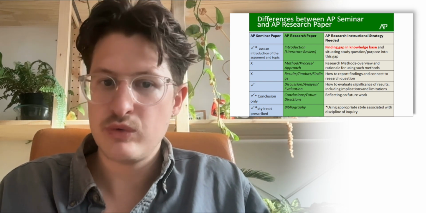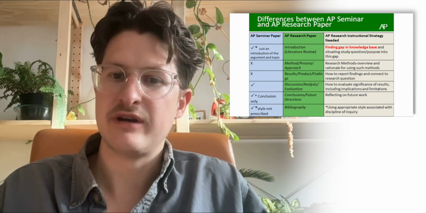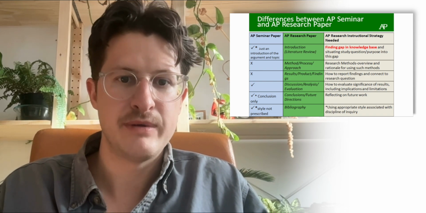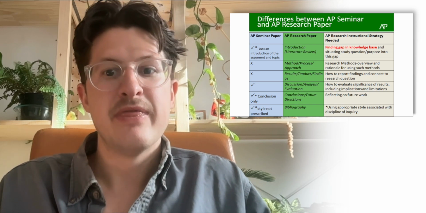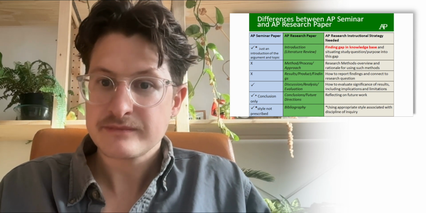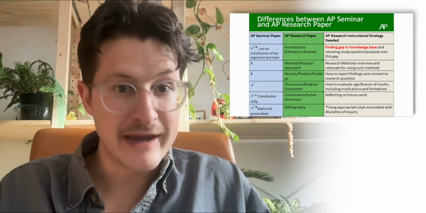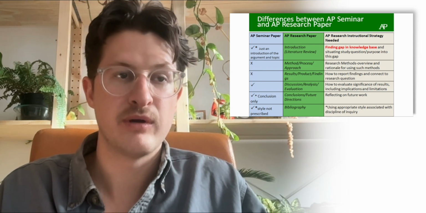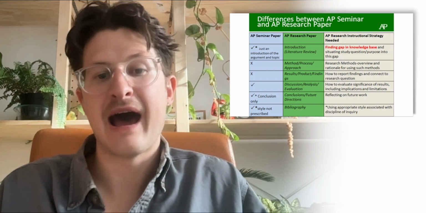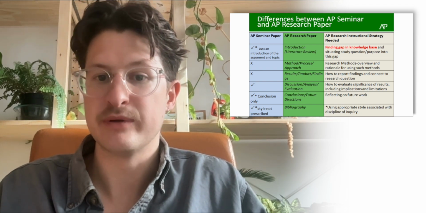And then there are two entirely new sections that they're not going to really be used to doing for AP Research. The first of it is the method section. The method section is where they make sure that it's reproducible, right? They go into detail of how they approached gathering their data and how someone might also be able to reproduce this.